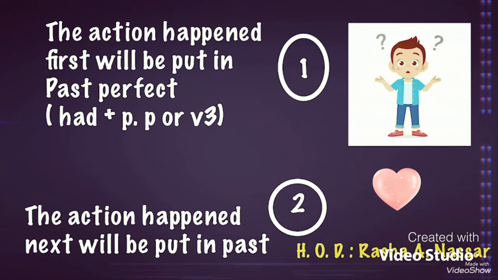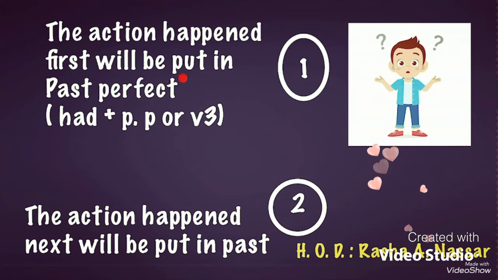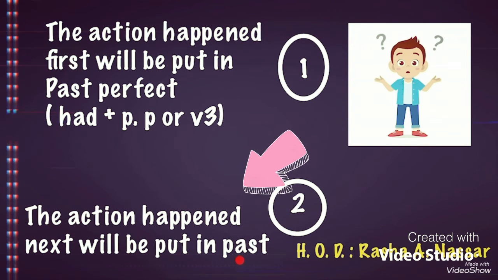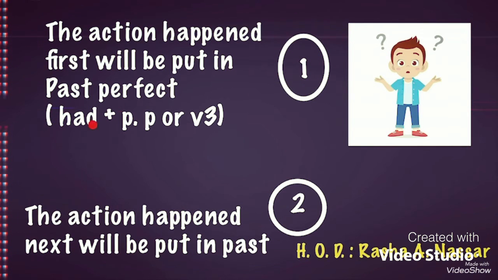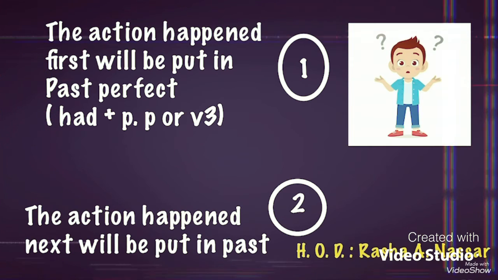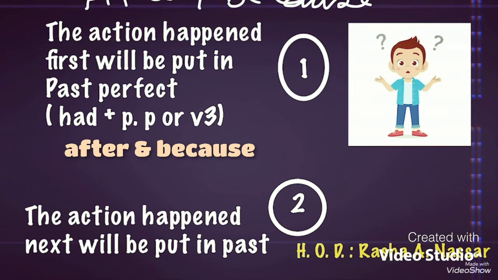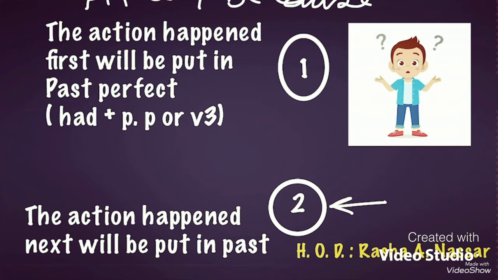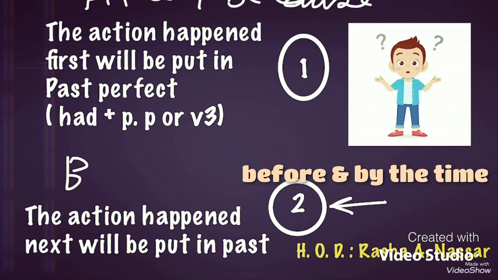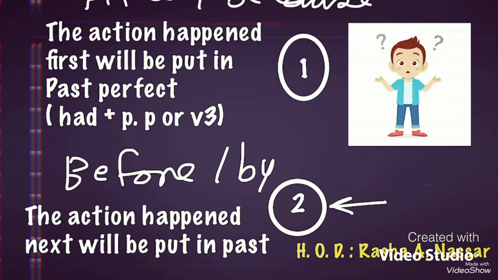So the action that happened first will be put in past perfect, had plus PP or V3, and the action that happened next will be put in the past. So what keywords are followed by the first action? After and because. And what keywords are followed by the second action? Before and by the time.